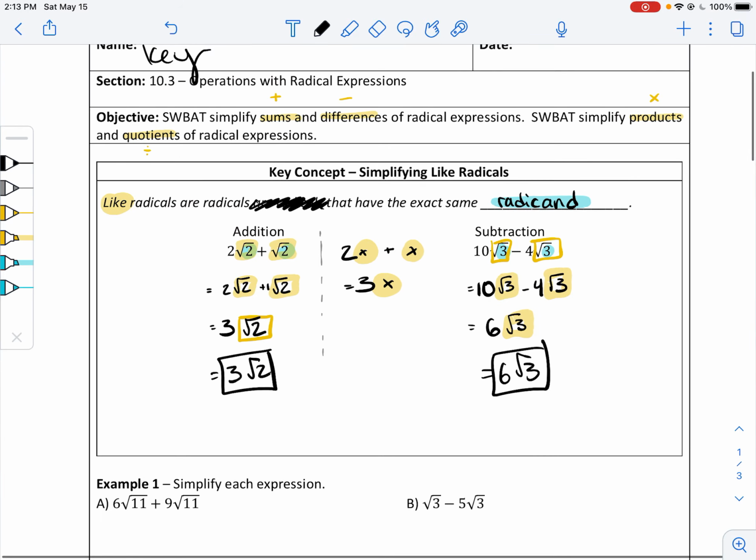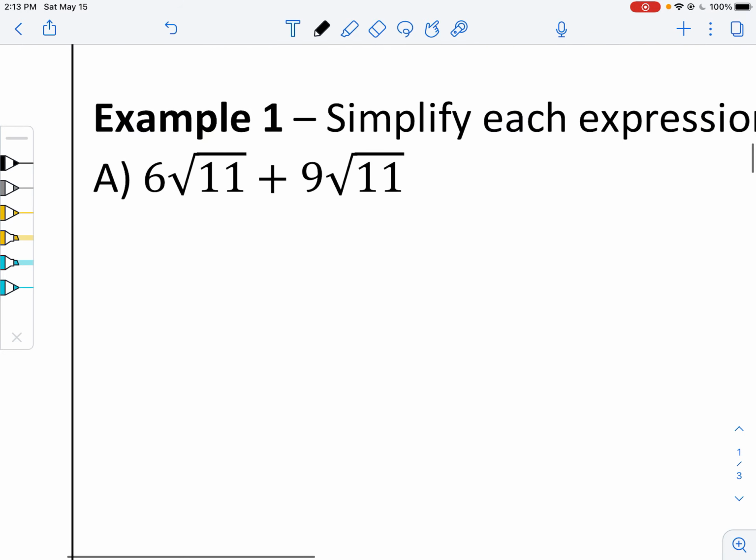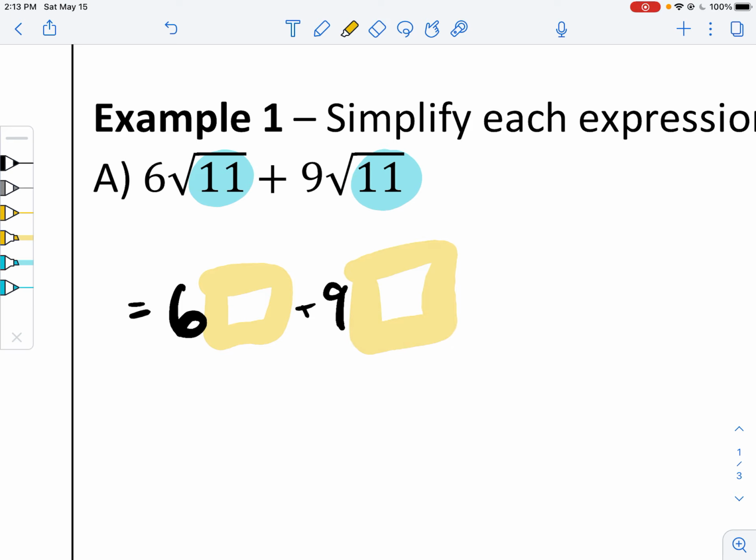Okay, let's do 2 examples. First, we need to check that we have like radicals. These are like radicals because they both have an 11 under the radical. So this is the same thing as 6 rad 11 plus 9 rad 11. Woohoo! That'll end up being 15 of those guys.